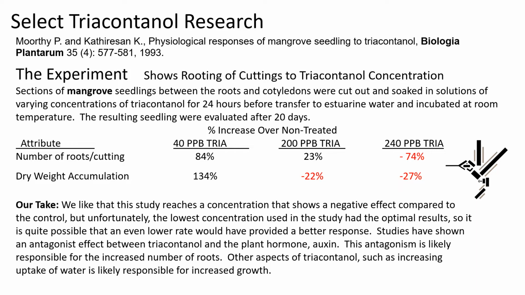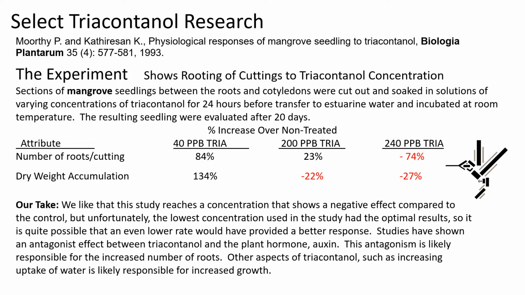After 20 days, they were evaluated. At 40 parts per billion, there was a huge improvement, 84% more roots and a 134% increase in dry weight accumulation on those cuttings. At 200 parts per billion, you did have more roots, but overall your dry weight accumulation was less. And if you increase that by 40 more parts per billion, it was disastrous.